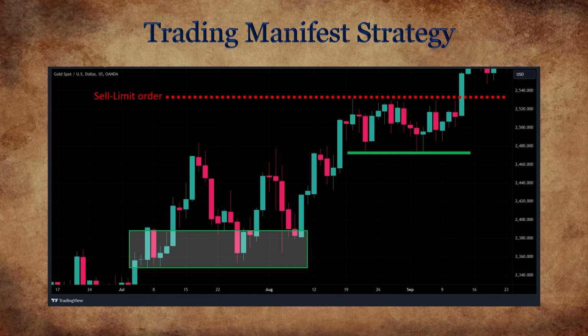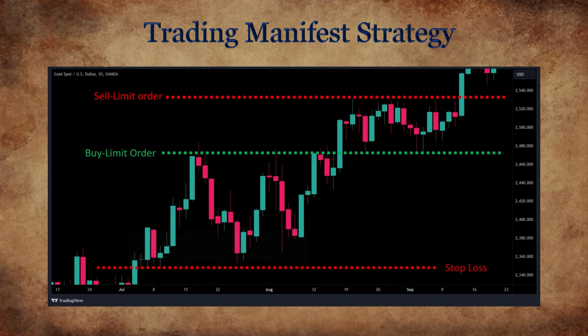Therefore, it's very unlikely for the price to hunt the lowest support level again. So I put a buy limit order at this level and put my stop loss at the lowest support level as we see. If you don't know how I set my stop loss and take profit, do not worry. I will create a full playlist on risk management and will explain all the rules and tricks for setting up solid stop losses and take profits.